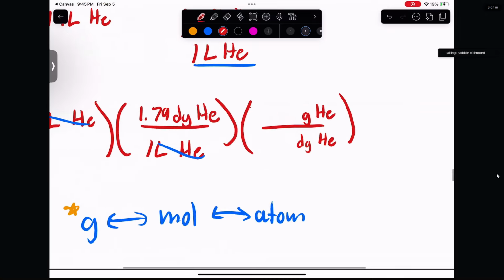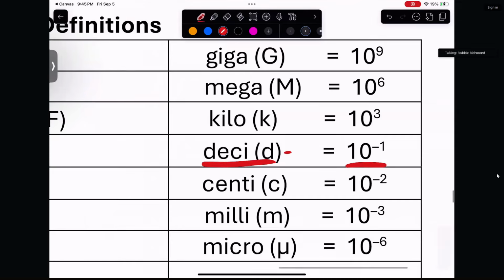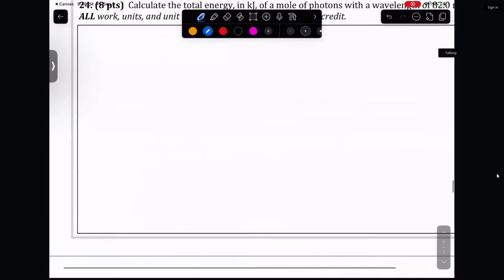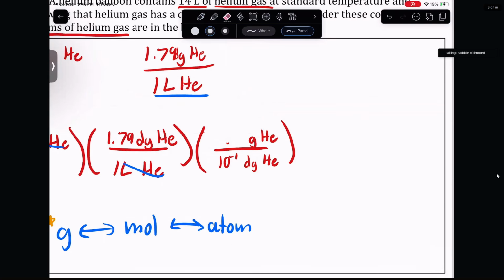I see a lot of people just put 10 to the negative 1 decigrams is 1 gram. That is flip-flopped. The language here is 1 deci of any unit is 10 to the negative 1 of that unit. So replacing it, 1 decigram is 10 to the negative 1 gram. So let's flip-flop that to make sure that is correct.